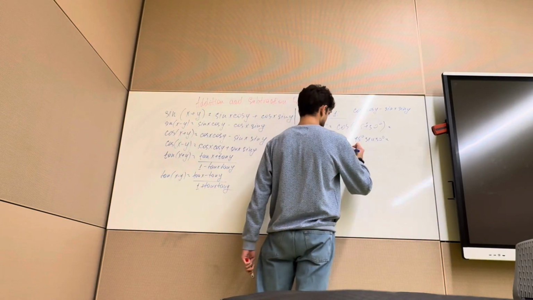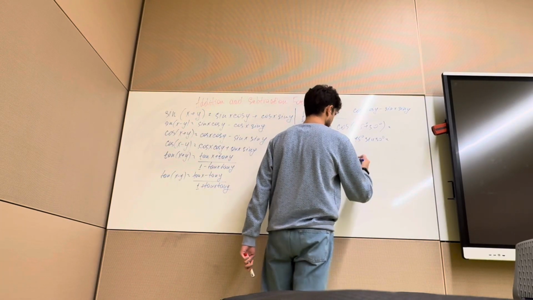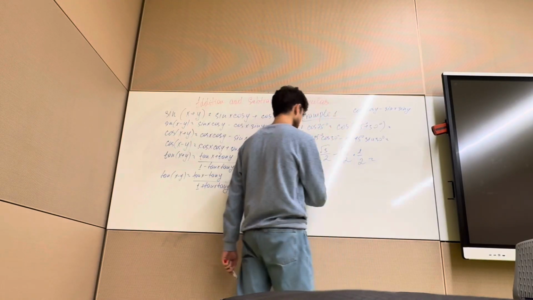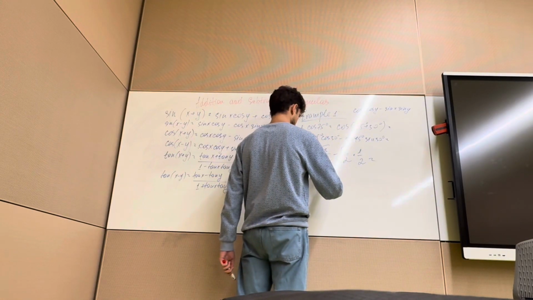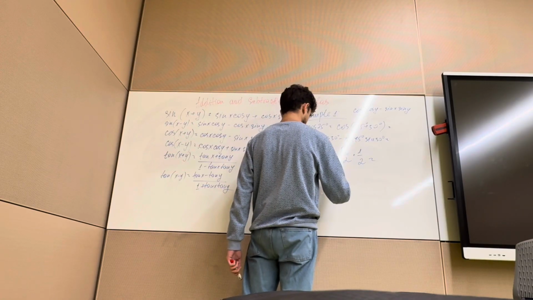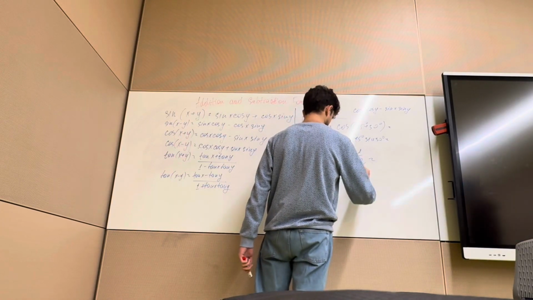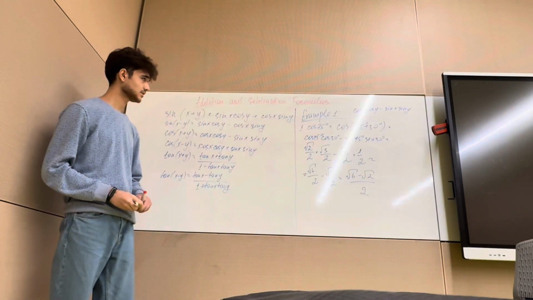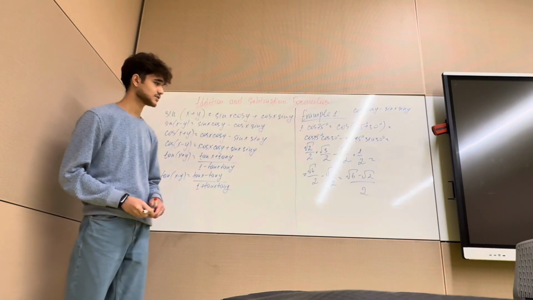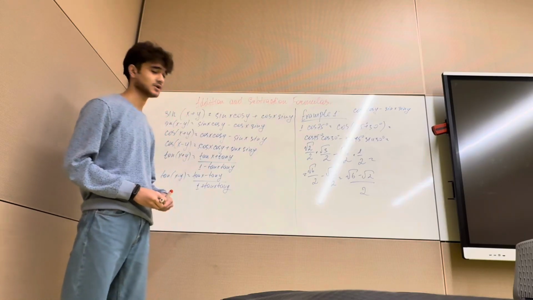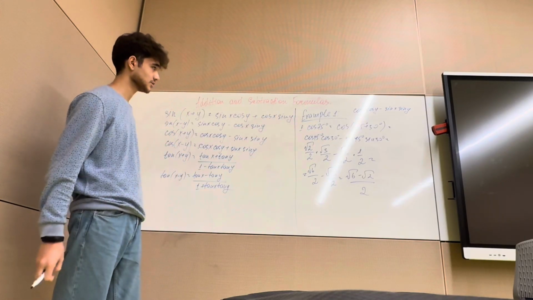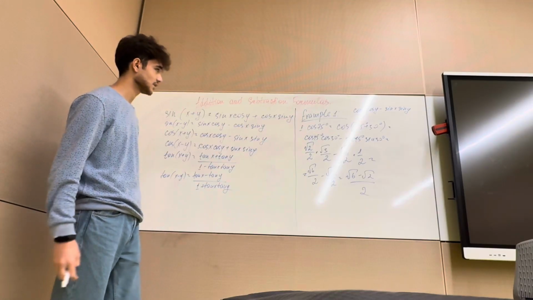Sine 45 is also square root of 2 over 2, while sine 30 is 1 over 2. So here we get that cosine 75 is square root of 6 minus square root of 2 over 2, which we accomplished by using the addition formula.